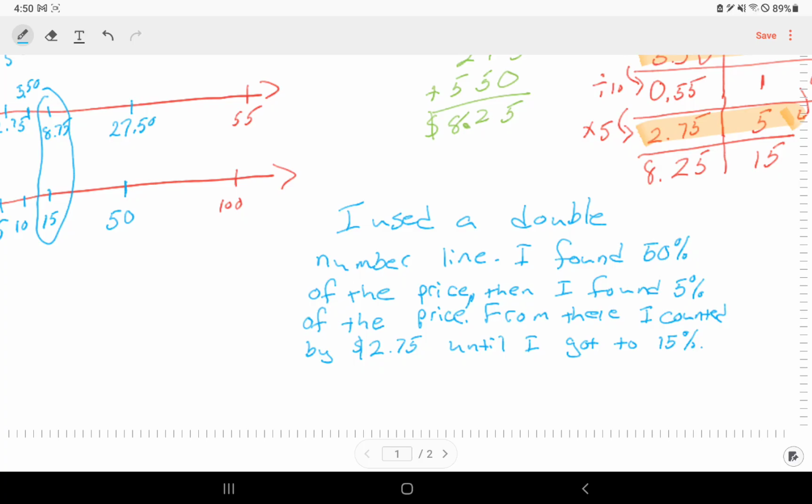And if you use the table, you would do something similar, except you would explain it based on how you use the table.